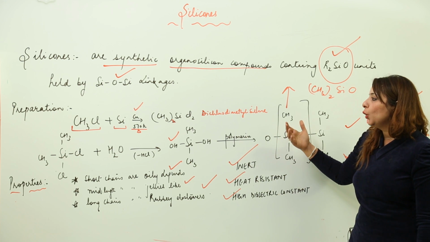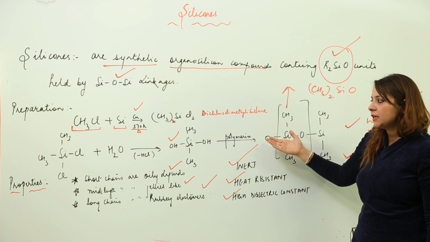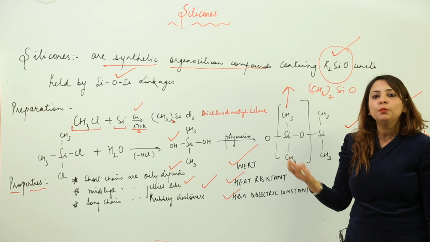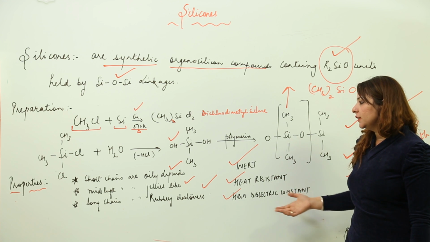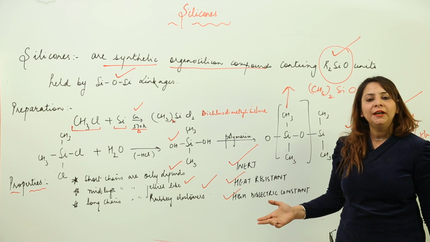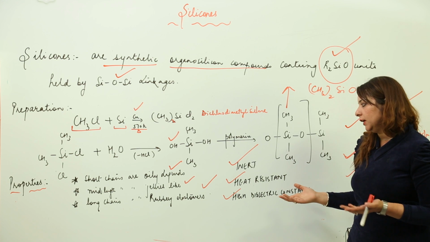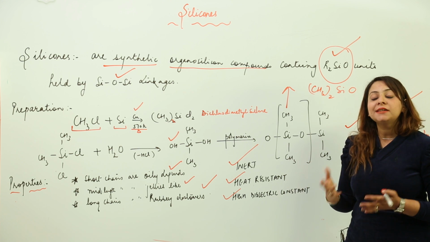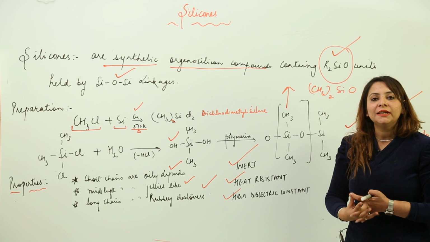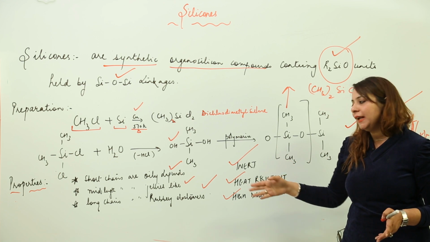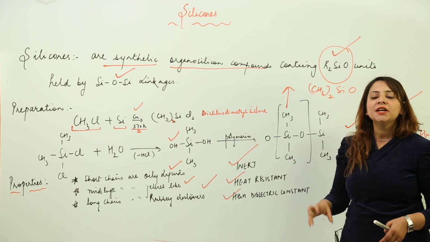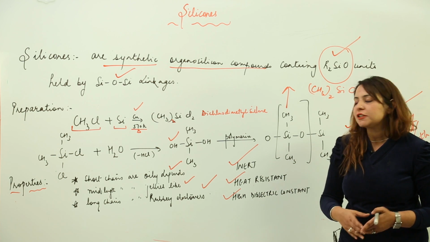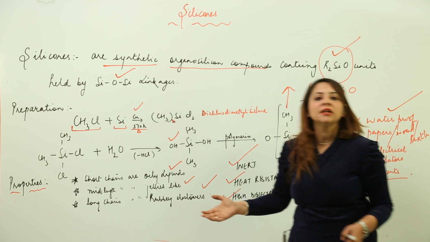In this preparation, the CH3 group might change, otherwise the rest of the things remain the same, and these properties remain for all the silicones, but the state is definitely going to depend upon the length of the chain. If you have short length, as we have discussed, it is an oily liquid, mid length are jelly-like, and long chains are rubber elastomers. So this is all about the silicones.